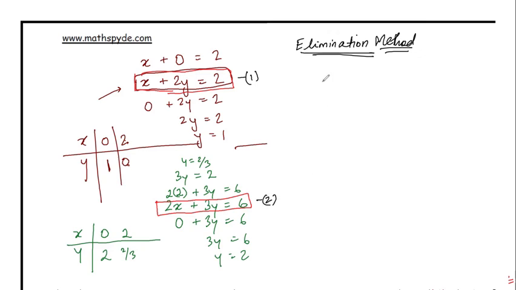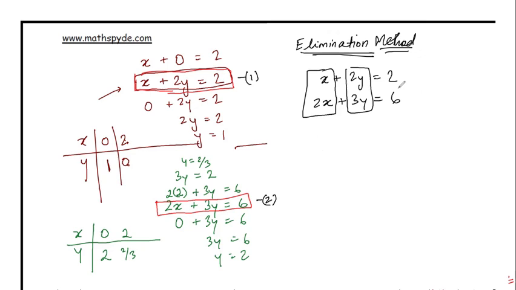Yeah. So in the elimination method, x plus 2y is equal to 2, and 2x plus 3y is equal to 6. What do we do? We try and make the terms which are only x and only y of the corresponding two equations have the same coefficient.